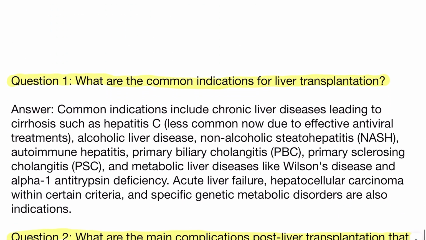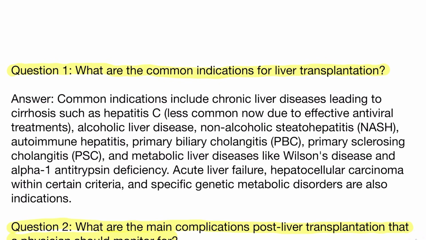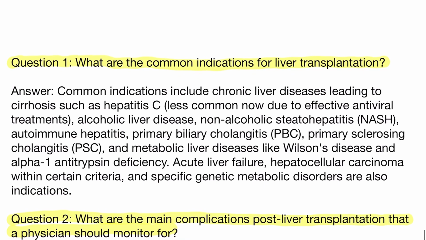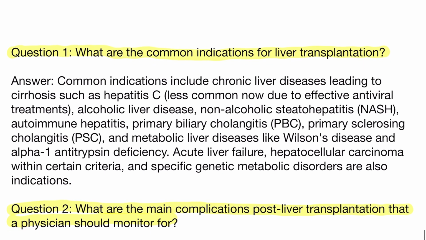I have put some of the questions which are commonly asked, it is more of a repetition. What are the common indications for liver transplants? So common indications we have already discussed in detail, which includes chronic liver diseases leading to cirrhosis such as hepatitis C, alcoholic liver disease, non-alcoholic steatohepatitis, autoimmune hepatitis, primary biliary cholangitis, primary sclerosing cholangitis, and metabolic liver diseases like Wilson's disease and alpha-1 antitrypsin deficiency.